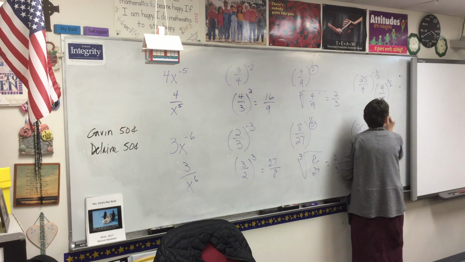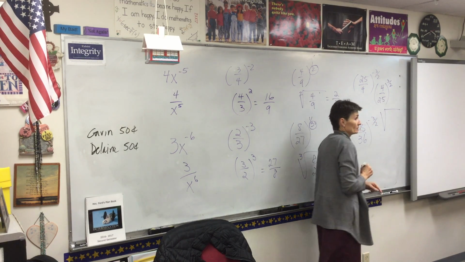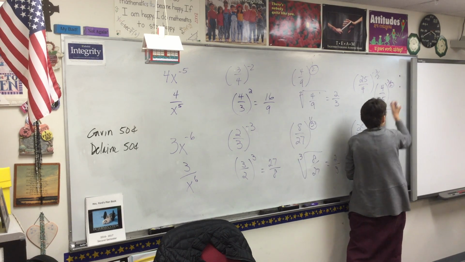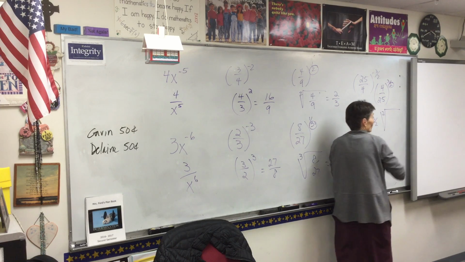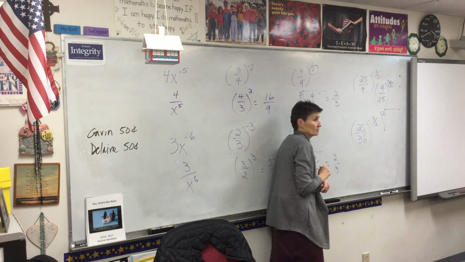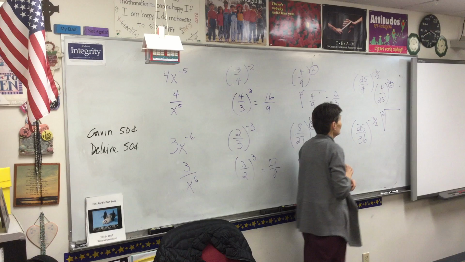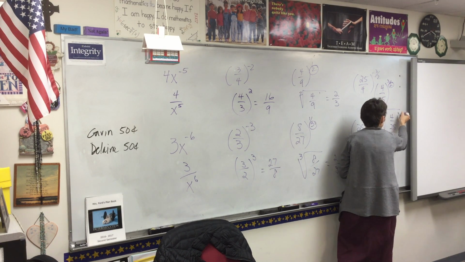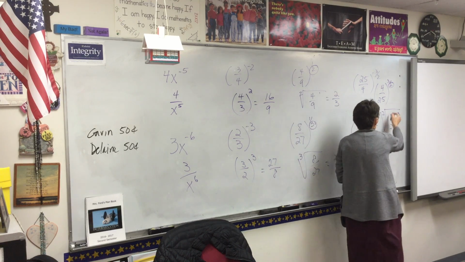That means you're going to have a radical. This tells you the kind of radical. So it's a square root. It's the square root of what? 4/25 to the 3rd.